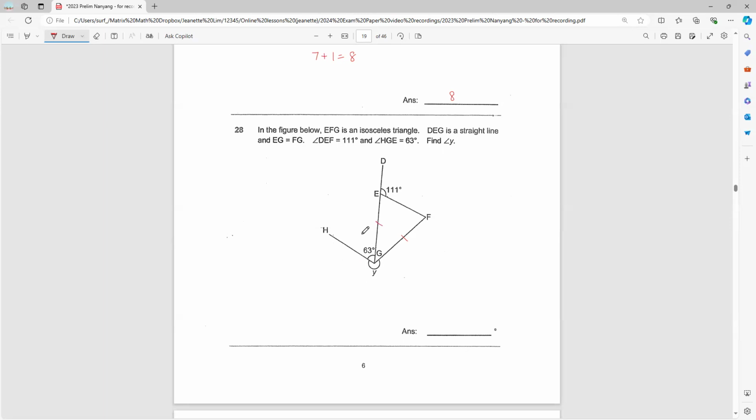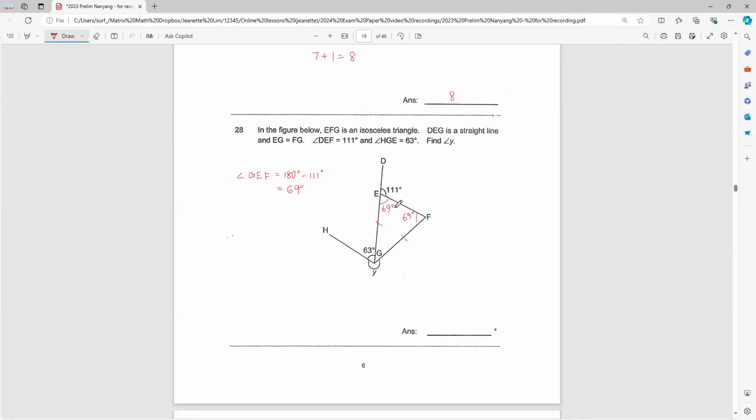Okay, so first thing we can find is angle on a straight line: 180 minus 111 to find your GEF. So this is 69. Since this is isosceles, then this has to be the same.